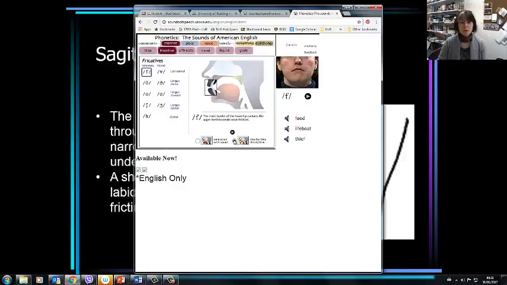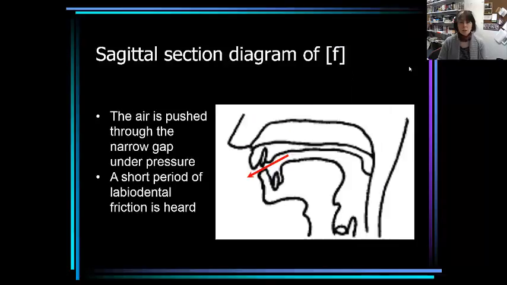So again, we can click through and see what's going on when this consonant is produced. So in this case the vocal folds are abducted, which means they're not together, and the velum is raised, etc. So it's worth having a look at this site if you're thinking about how to describe what's going on with sounds, and when you're trying to think about how to draw a sagittal section diagram.